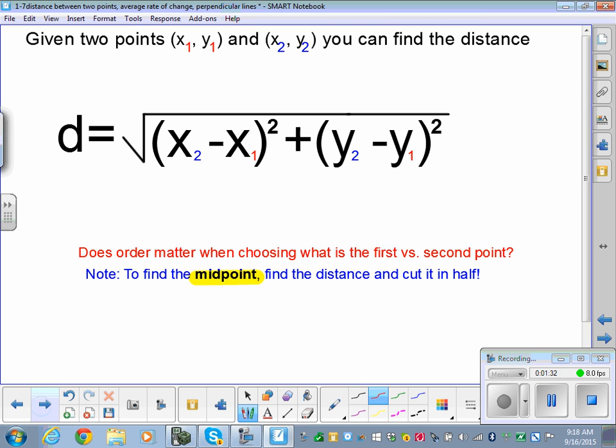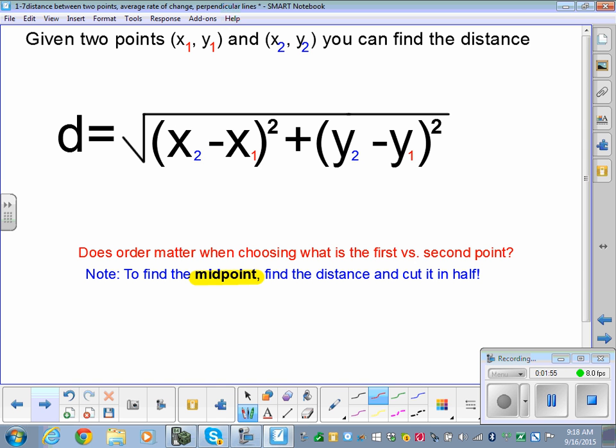Here it is. The distance formula. Write it down. We're going to be given 2 points, x and y, x and y. Notice these little ones in here. Don't let them scare you. That just means I'm calling this point 1 and this point 2, because we're going to have 2 points. You can find the distance using this distance formula. So d just means distance.